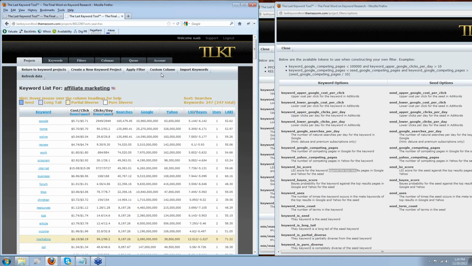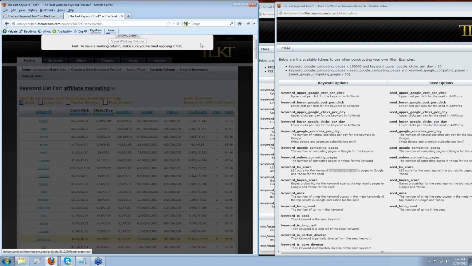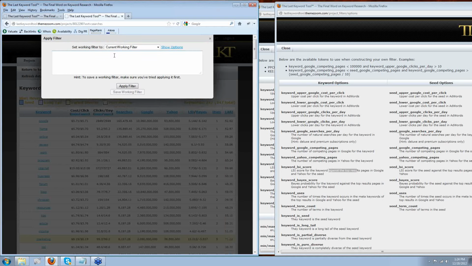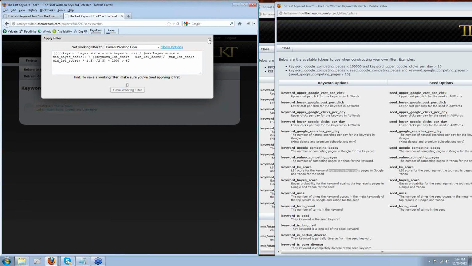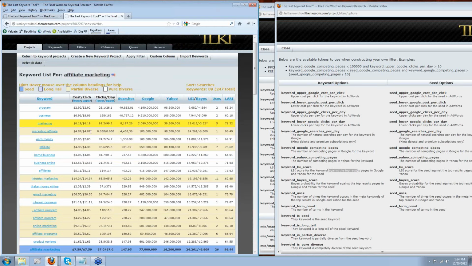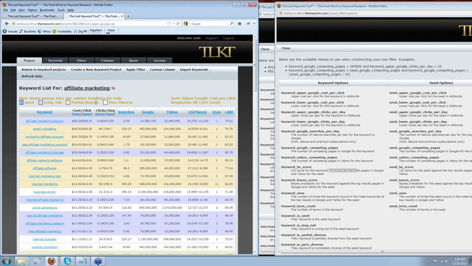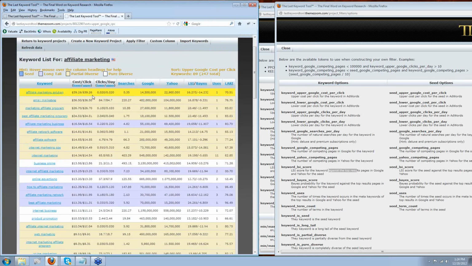So if we grab the column, it's an easier thing to look at in terms of a theme than it is to look at a random set of keywords. So let's just create a theme out of this. If we look at this theme and we sort by cost per click, then you can kind of find your medium.